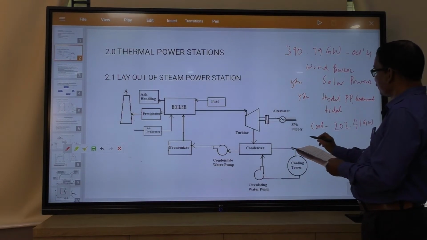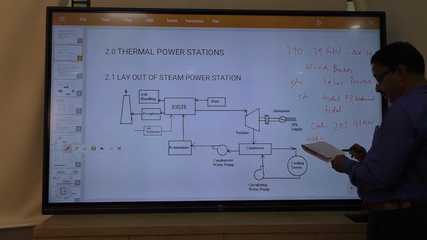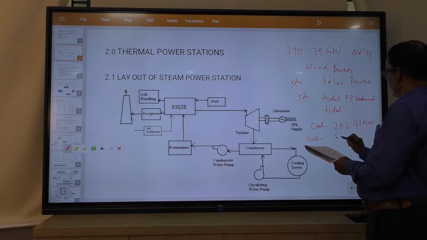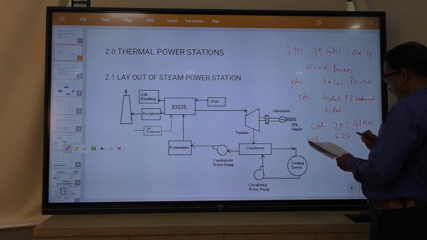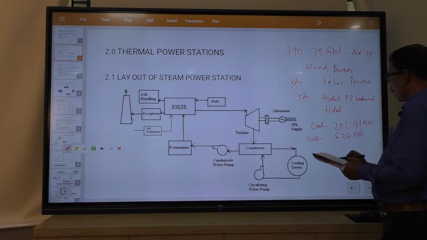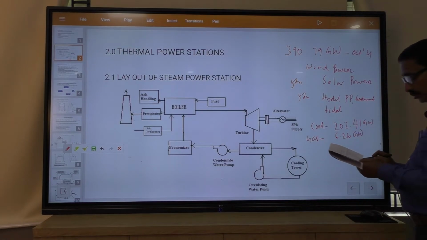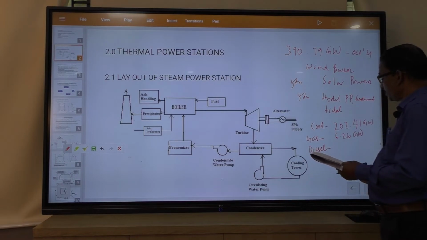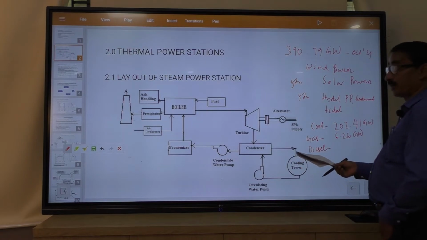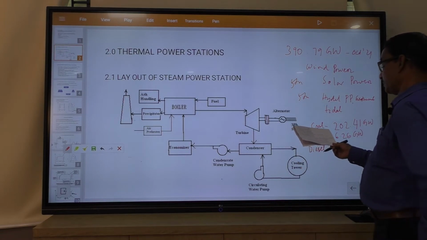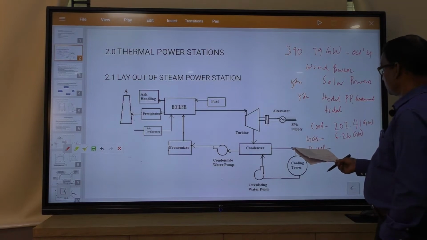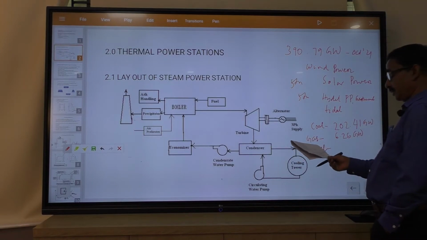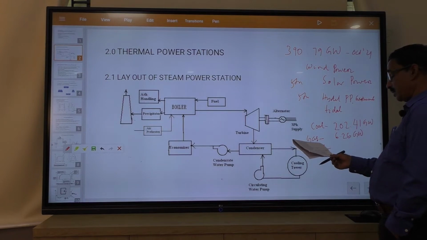And from the gas power plant, the gas turbine, we are getting 6.26 gigawatt up to October 2021. From diesel, we have the diesel power plant, which we find as a standby power plant in every office nowadays, giving uninterrupted power supply to offices, cinema halls, anywhere.